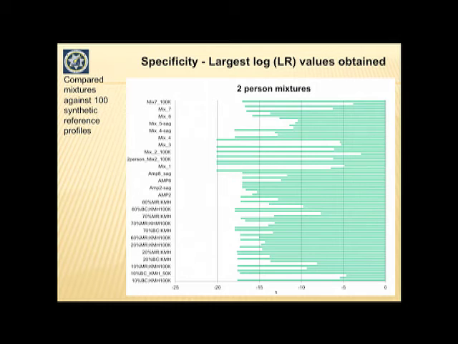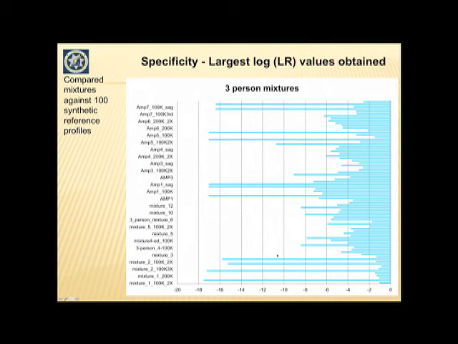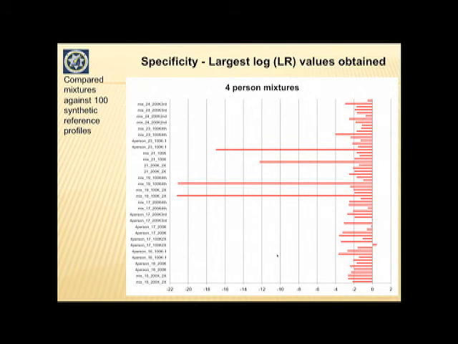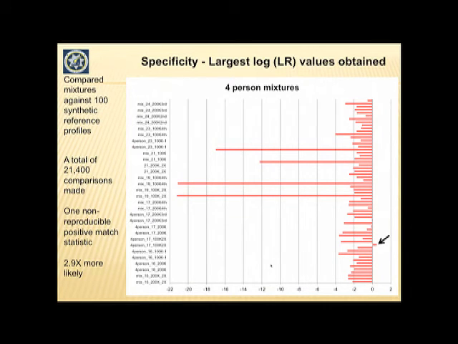And you can see for the 2-person mixtures, all of them generated negative log likelihood ratios. For the 3-person mixtures, all of them generated negative log likelihood ratio values. And for the 4-person mixtures, they're less negative, as you can see, but all but 1 actually generated negative log likelihood ratio values.